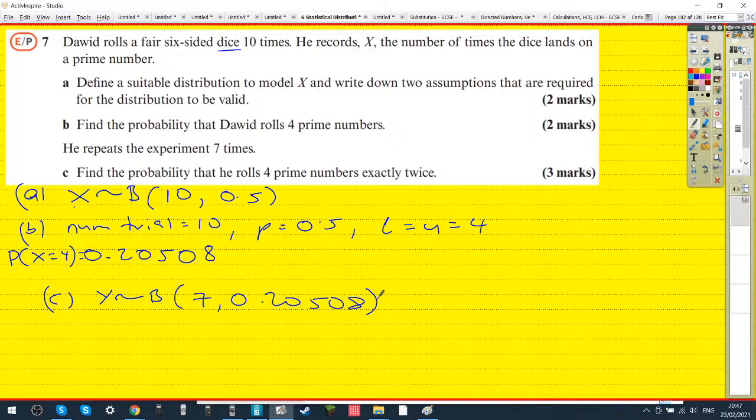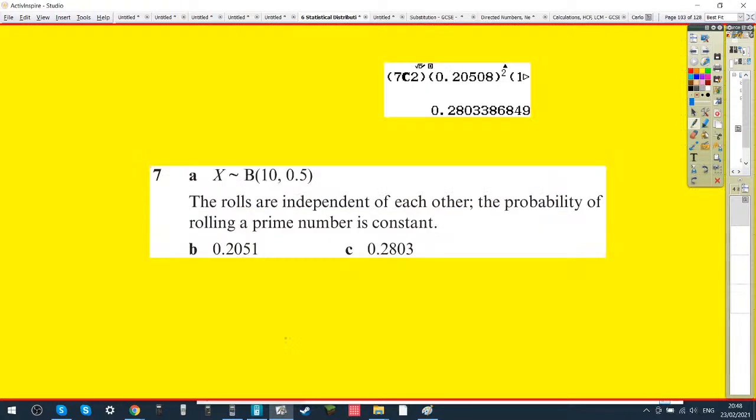So when it says exactly twice, does that mean the 4 has to be halved? Exactly 2. So it'd be 2 for lower and upper. Yes. And you get 0.280. Great.